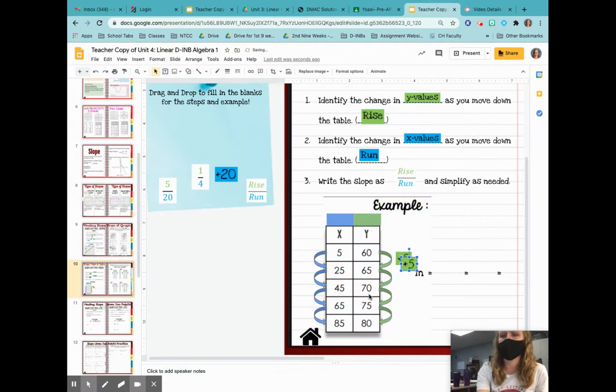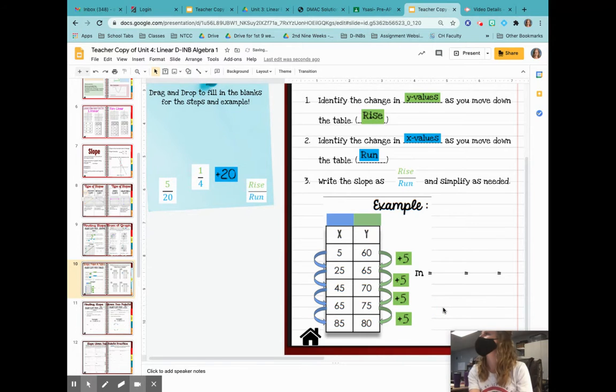I'm going to copy and paste this a couple times because I actually want to show what all of them are. So going from 65 to 70 is plus 5. From 70 to 75 is plus 5. And going from 75 to 80 is plus 5. So our rise is plus 5.